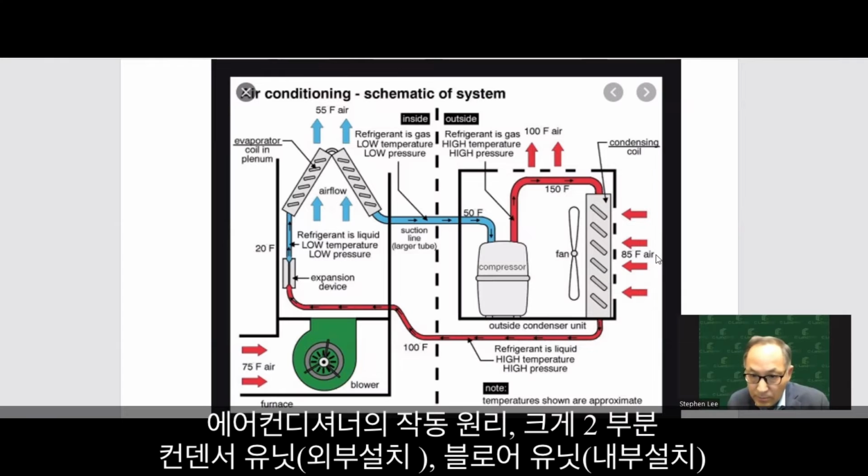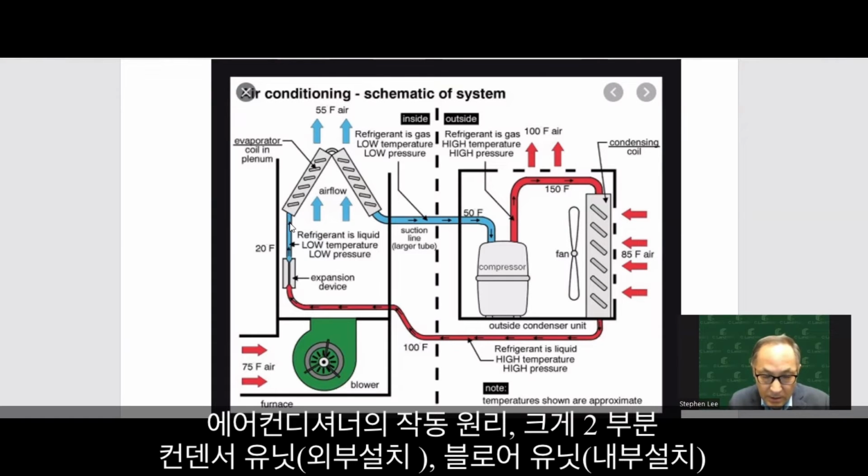Anyway, air comes in this way, and there's a fan. The refrigerant is liquid, high temperature, high pressure, compressed, and comes here. This is the expansion device, and it becomes cooler right here. When it expands, there's some chemical formula we don't want to touch, and it cools down.